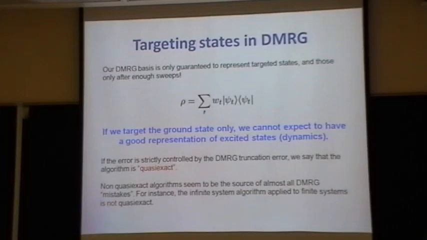If we want to calculate excited states, or we want to calculate overlaps between two states, we need to target these other states. We cannot try to represent two states that have different origin using the same basis, because it's a truncated basis.